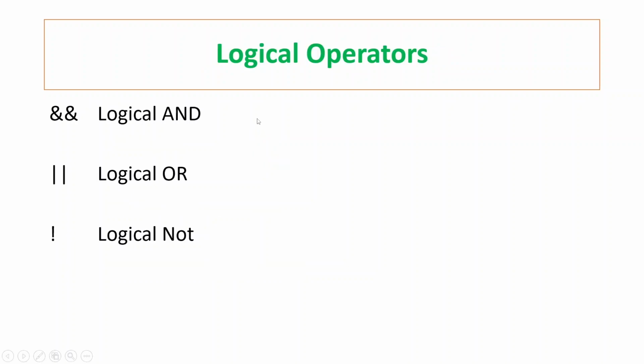So after that we have logical operators. These work like logic gates in a circuit, right? If the first one is false, then the answer will definitely be false. Otherwise it will compare. When it comes to the AND gate, all the checking values should be 1 or true. Then it will give true as the answer.